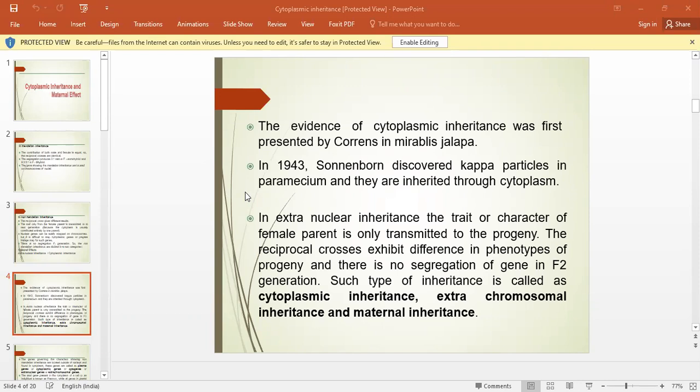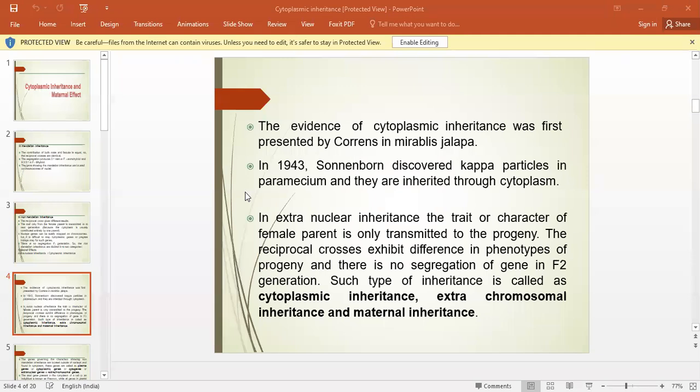Yes. So in extranuclear or extracytoplasmic inheritance, the trait or character of the female parent is the only one transmitted to the progeny. Okay, what does that mean? Remember one thing: whenever fertilization is done, it is done with the help of what?